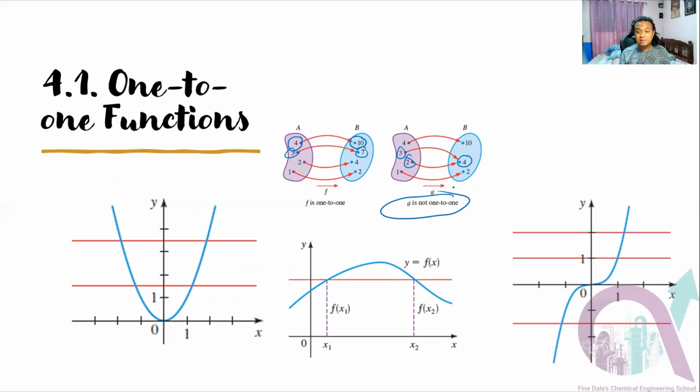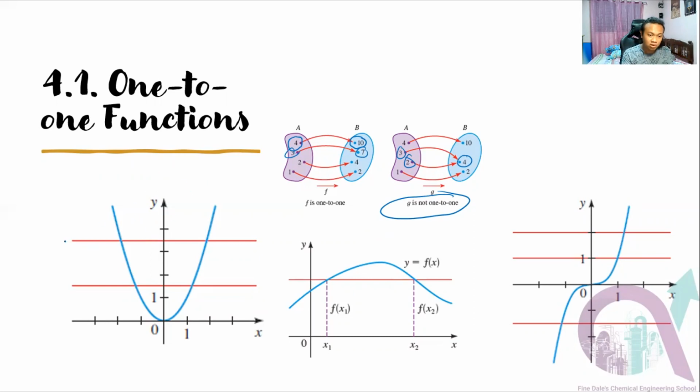So how do we determine a one-to-one function? We can determine it by graphing. This is what we call the horizontal line test.